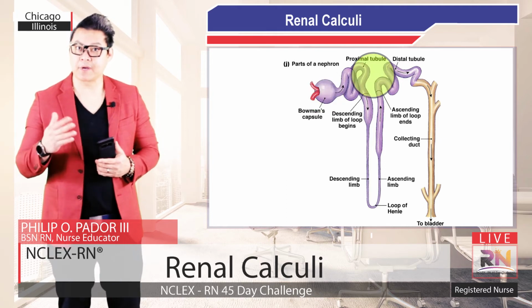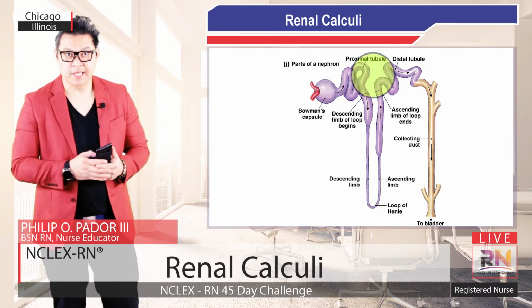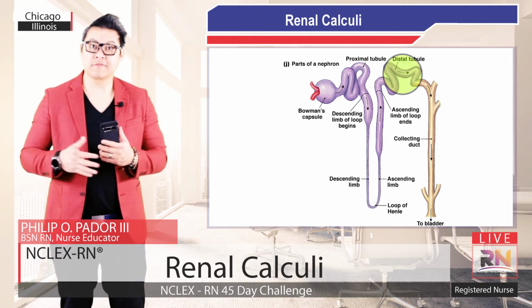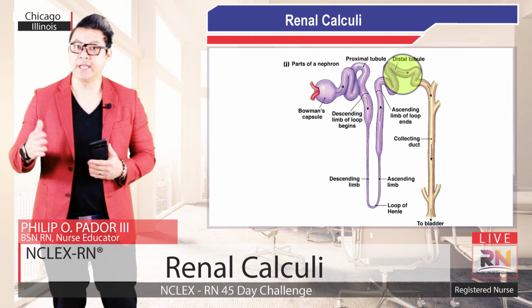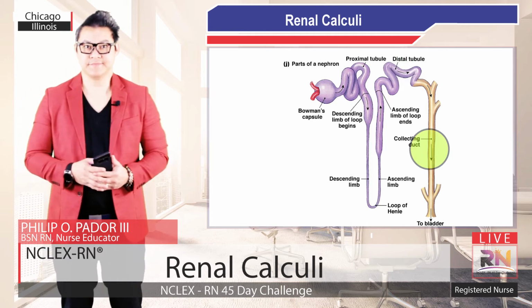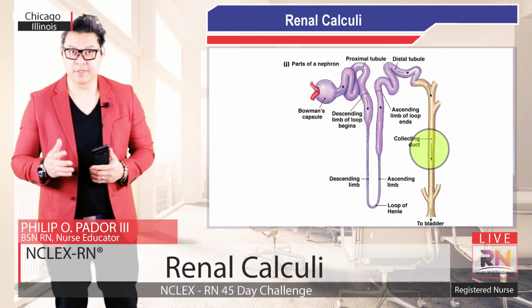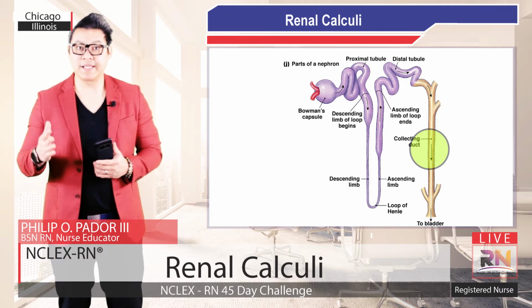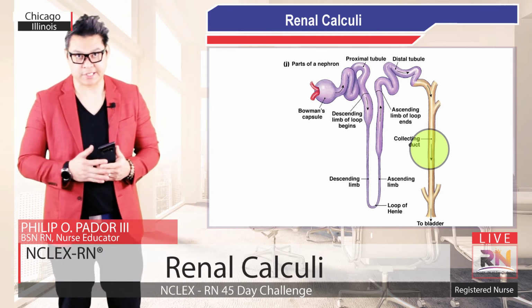Firstly, it will pass the proximal convoluted tubules. Then it will go down towards the loop of Henle, the distal convoluted tubules, and then finally to the collecting ducts. Looking more closely at the tubules, the cells that line the nephron tubules are predominantly cuboidal epithelial cells.